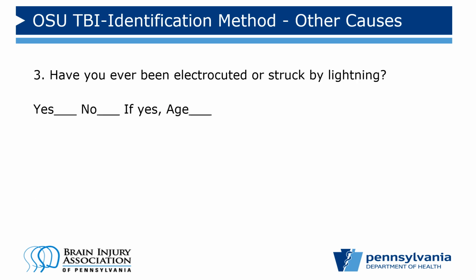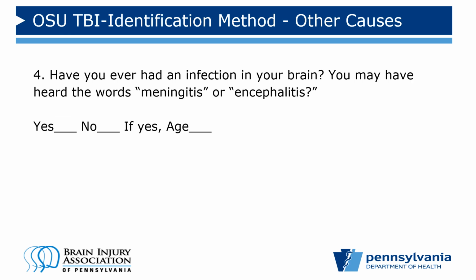The third question under non-traumatic causes asks, have you ever been electrocuted or struck by lightning? Here we're looking for a severe event, one that blew someone back from perhaps the fuse box or caused them to be dazed or knocked out. And again, we're going to answer yes or no, and then get the age at which the event occurred. The fourth question asks about infections.